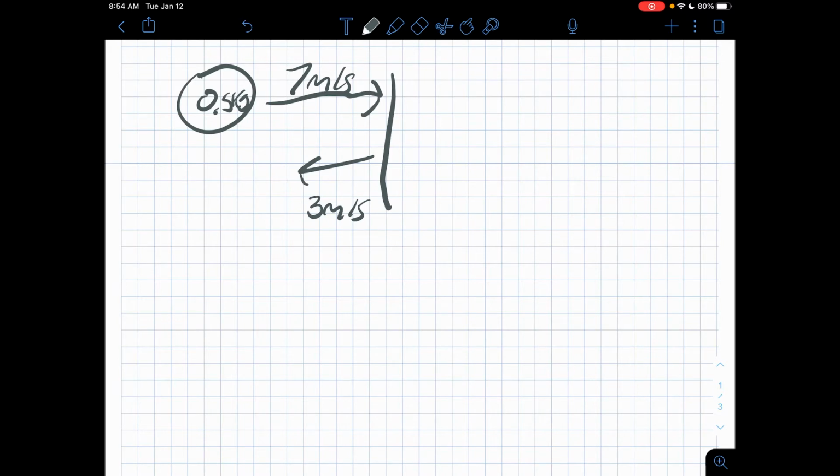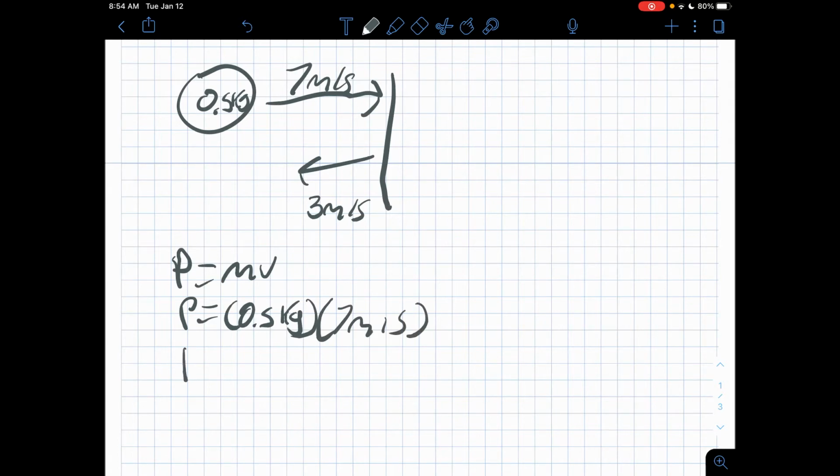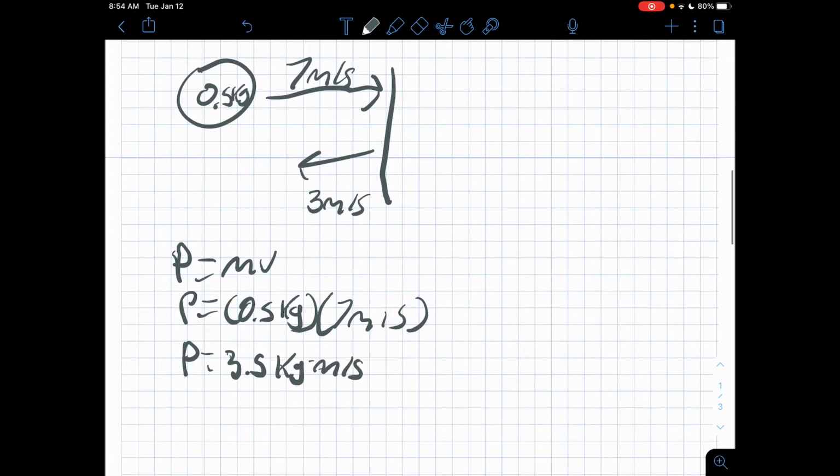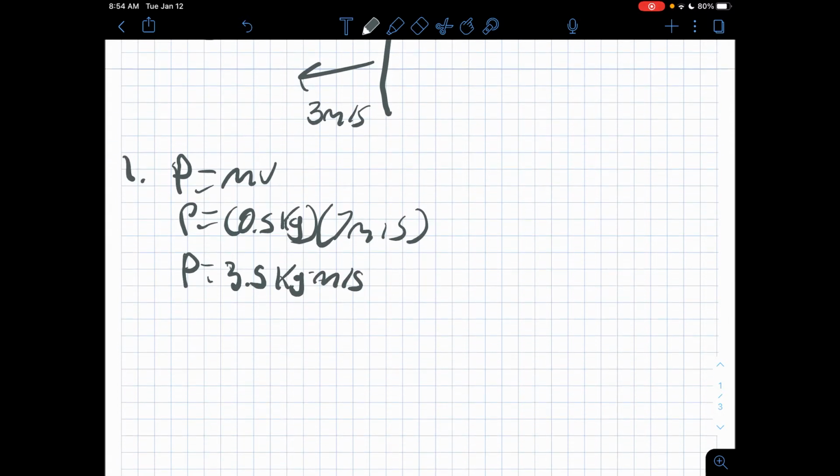So to calculate the momentums before and after, it's simply the same formula. P equals mv, P equals 0.5 times 7, and you're left with P equals 3.5 kg times meters per second. That's for the first one.